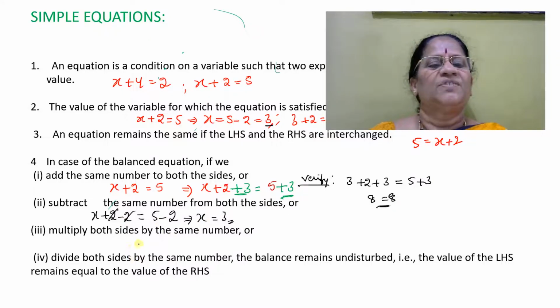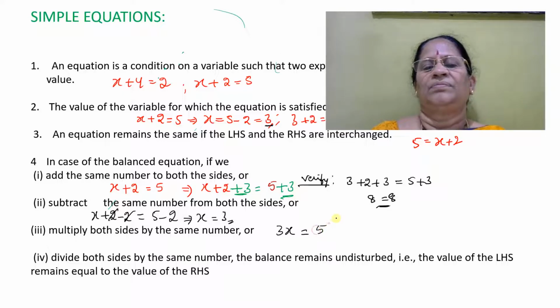Next, multiply both sides by the same number. Suppose you have 3x is equal to 5.